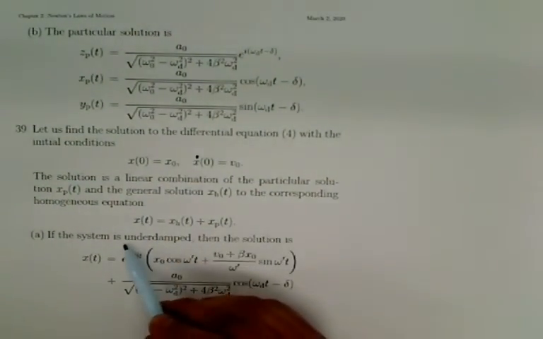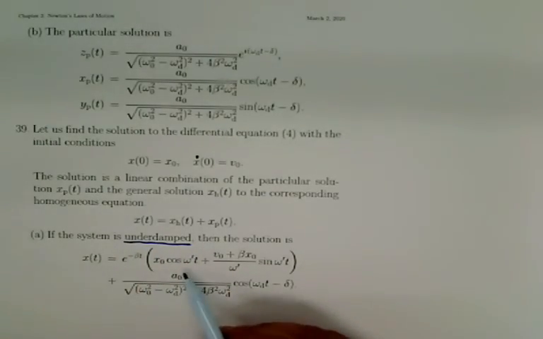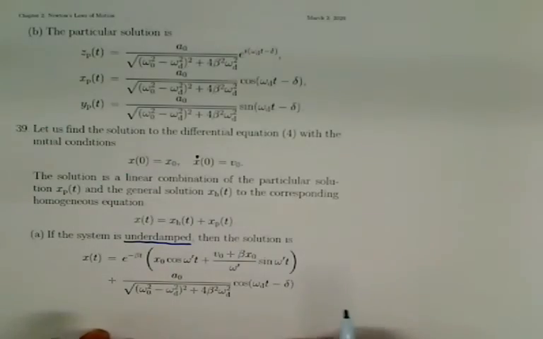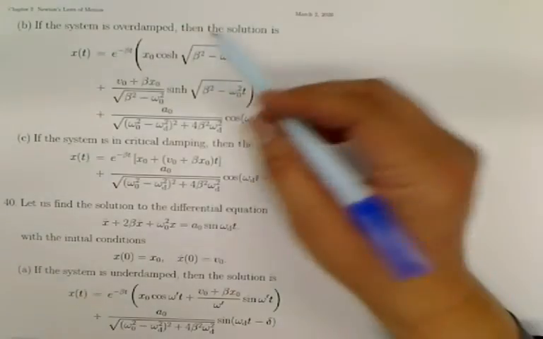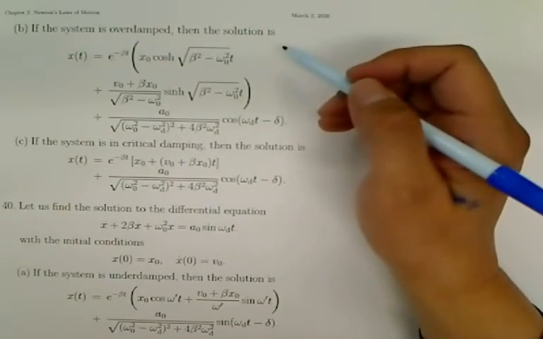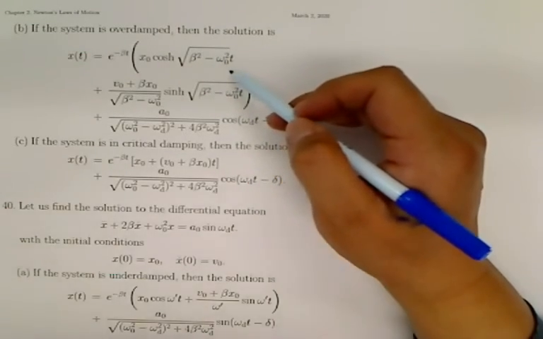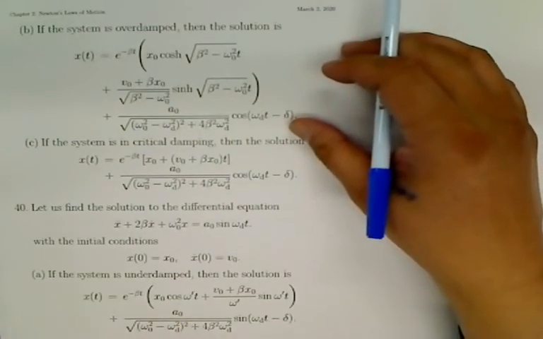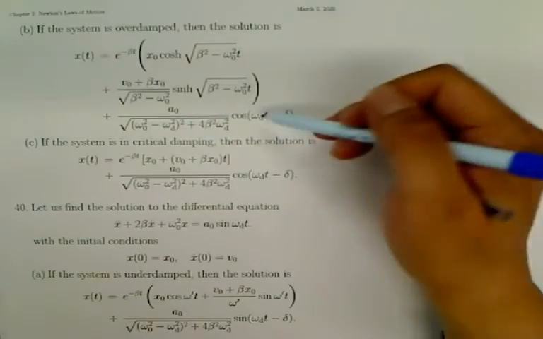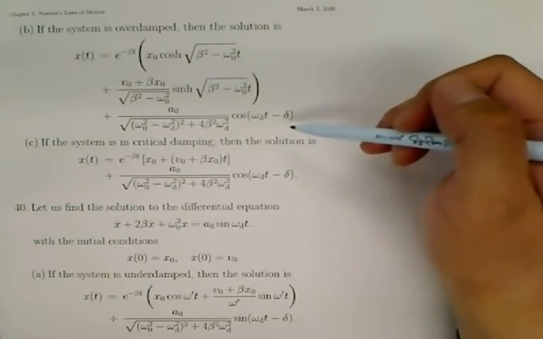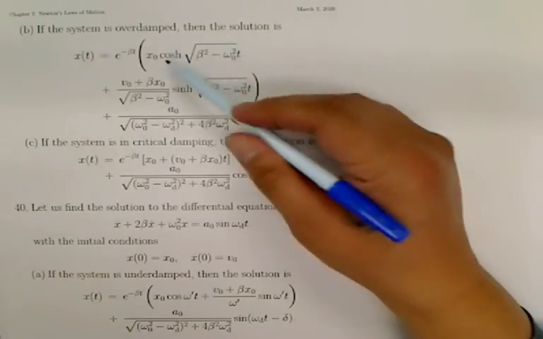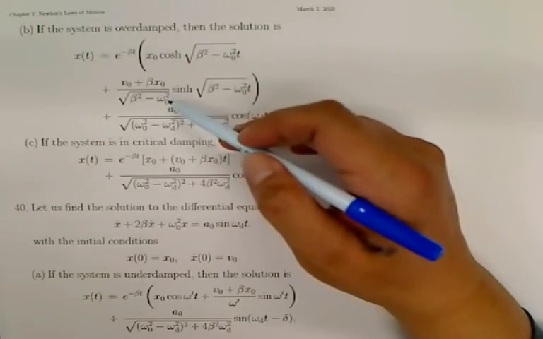This is the case for the underdamped system, which has the oscillating factor as well as the damping factor. When beta is greater than omega 0, we have an overdamped system, and still the particular solution is the same as before, but the general solution of the homogeneous equation is determined in a different manner.